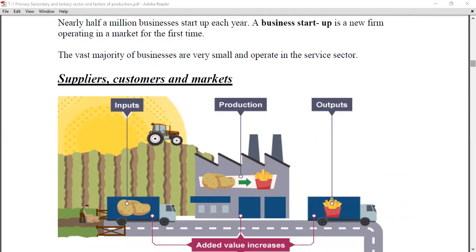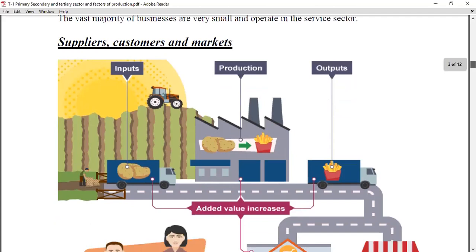You can see. So now we're talking about other small but very important business concepts: supplier, customer, and market. You can see these three situations. You can see the different sectors: input, processing, and output. As I told you, the economy is actually comprised of about 25 interrelated economic activities.